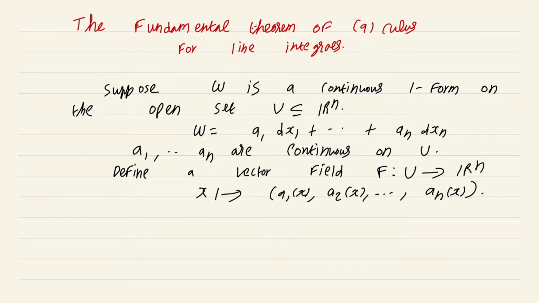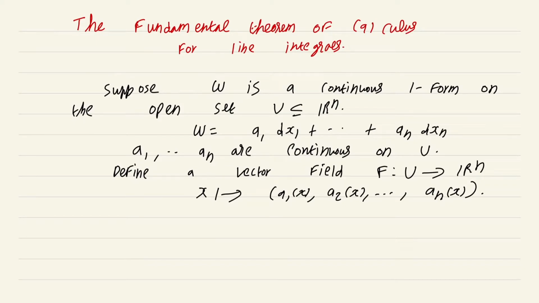One can use this identification to define integrating a differential form along a curve gamma. Just look at the associated vector field and integrate that on the curve. A better way of doing things, a more intrinsic way that does not depend on any choice of basis, is to define what the action of a differential form on a vector field is.